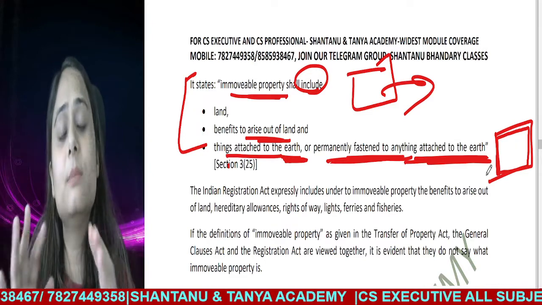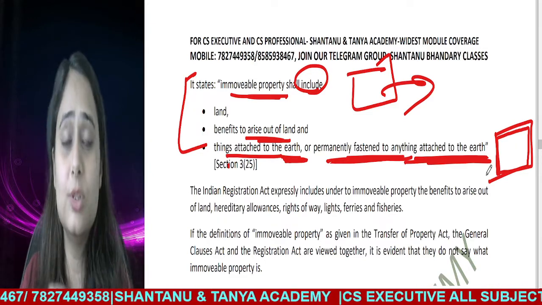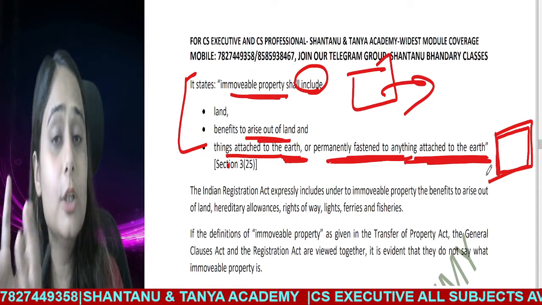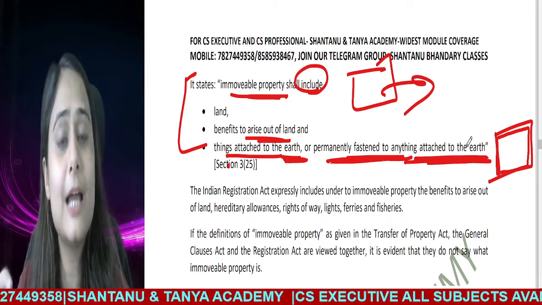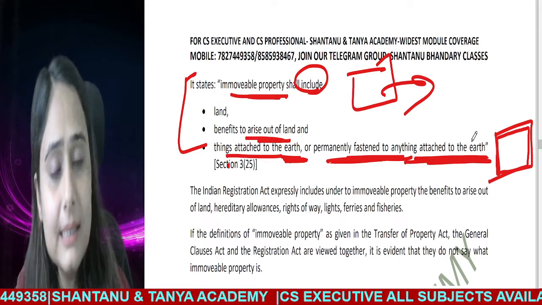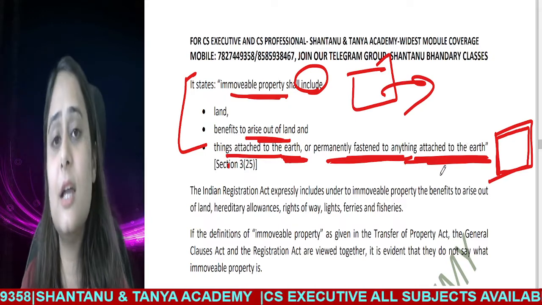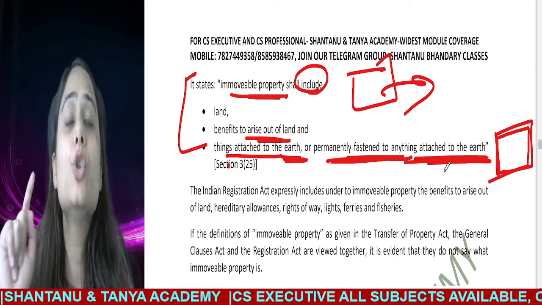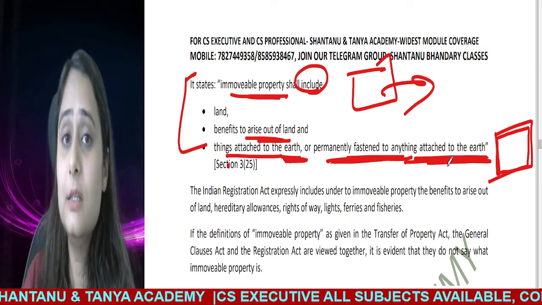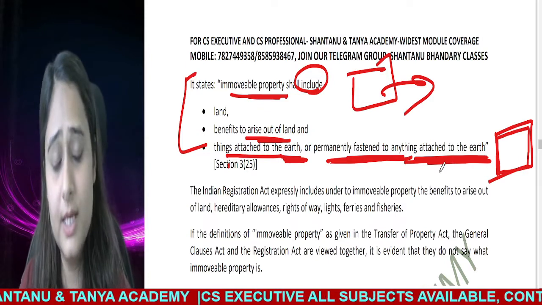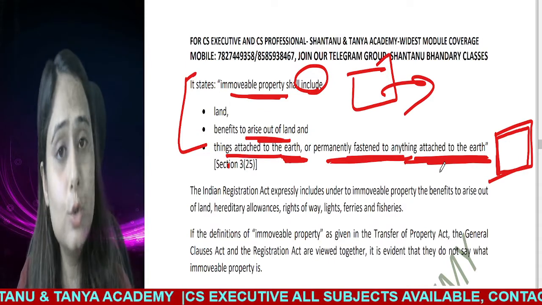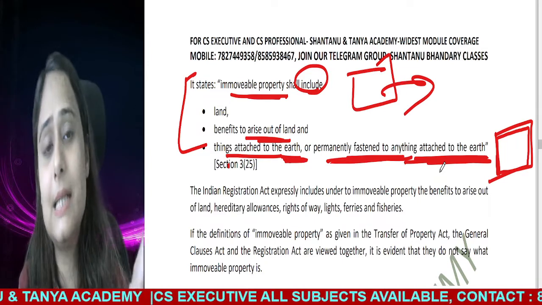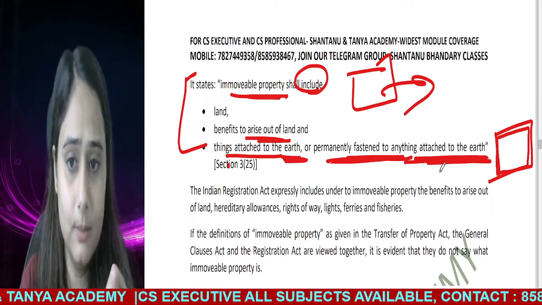Now, when a building has been constructed, an apartment sort of thing, in that apartment we have doors, we have windows that are things attached to that particular building. So it has been written that things attached to the earth or permanently fastened to anything attached to the earth would also be treated as immovable property. So the room in which you are sitting right now must have doors or windows, correct? So those doors or windows would also be treated as immovable property once they are attached in that particular apartment, right?